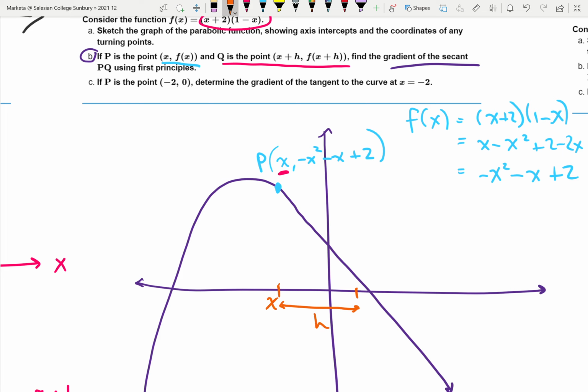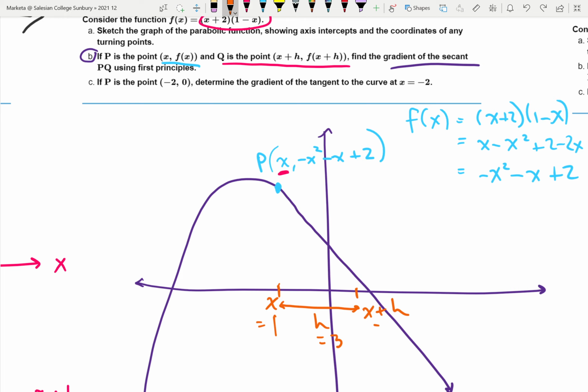So this is x. And if x was 1, then just say h was 3. That would mean that, just say x equals 1, h equals 3. That would mean our x plus h would equal 4.